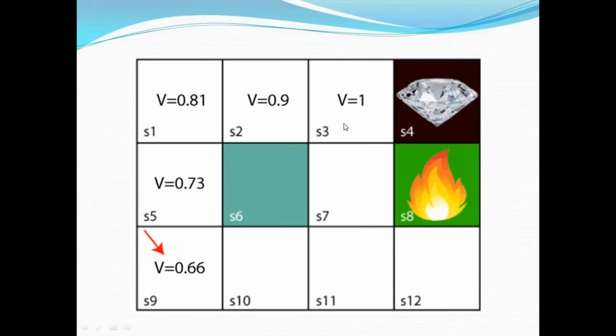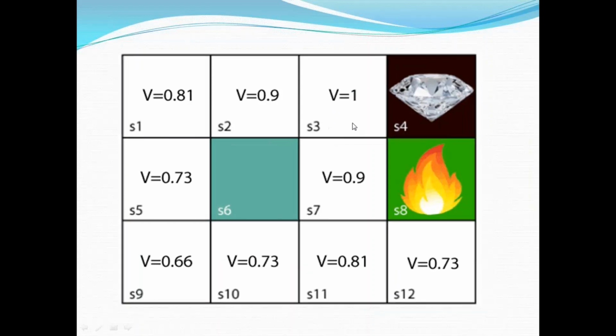Okay? So this is the basis for all the reinforcement learning algorithms and the Bellman equation. If you calculate the values of all the blocks in the maze, you'll get this kind of situation. Now if an agent is trying to go from S11 and reach S4, it will start from the 0.81 block value.